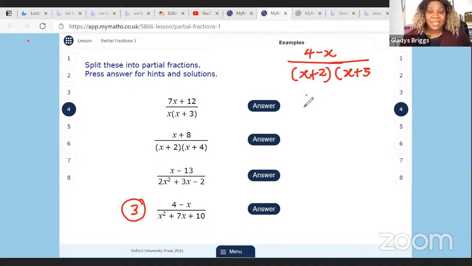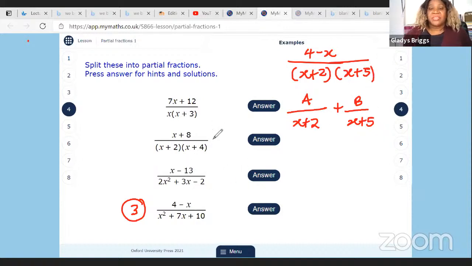So then you have to write that a over x plus 2 plus b over x plus 5. And then you should be able to finish that off now. Those of you who don't know what to do, that's how you start it off. Let's have a look at their answer.